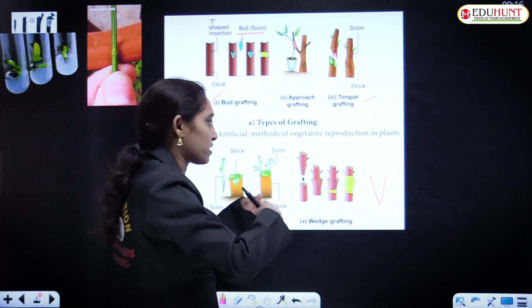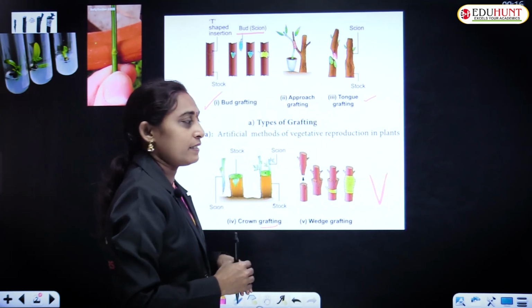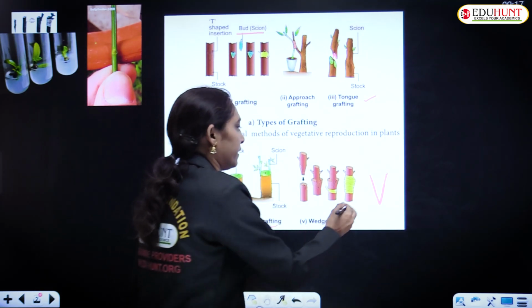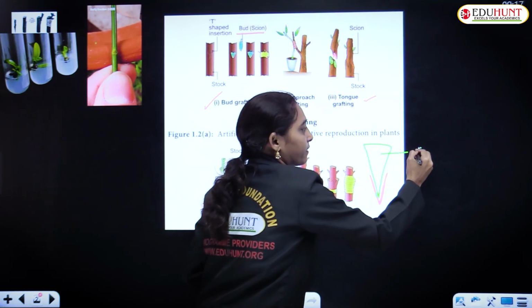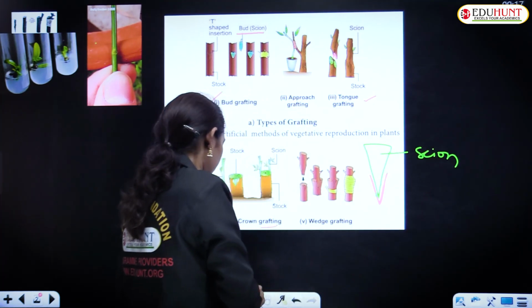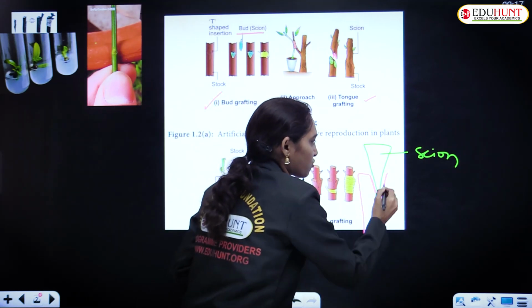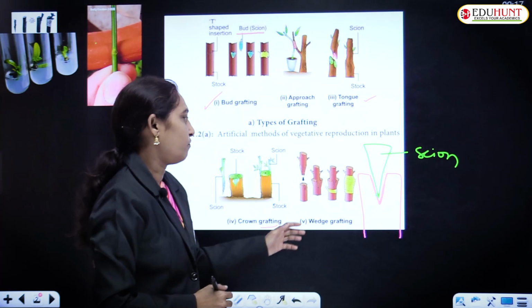The V portion, the empty portion, is the V gap. In this gap, the scion should be inserted like this. It is the scion, it is the stalk. Like this, we do wedge grafting.